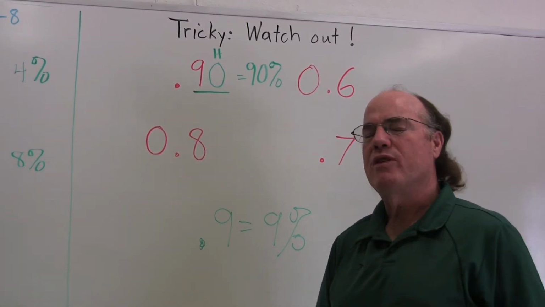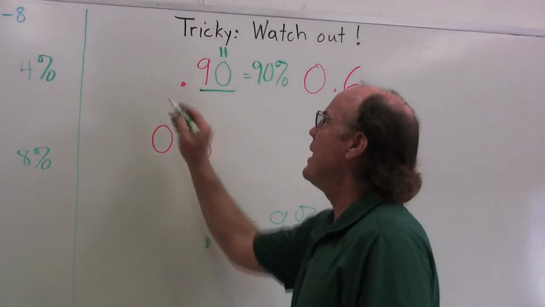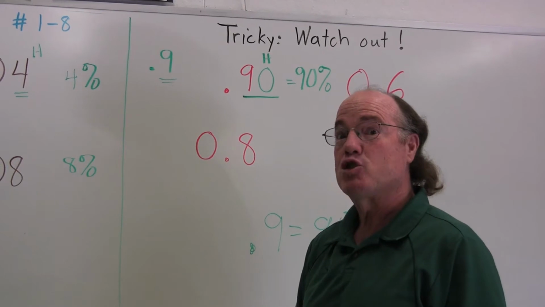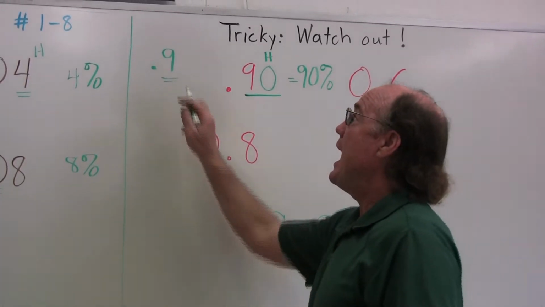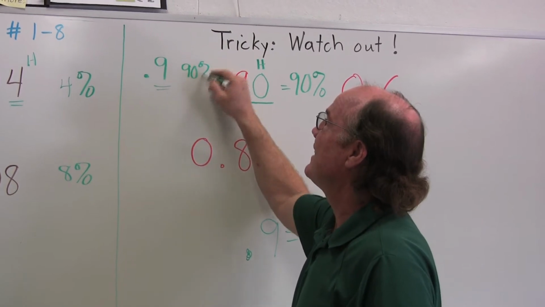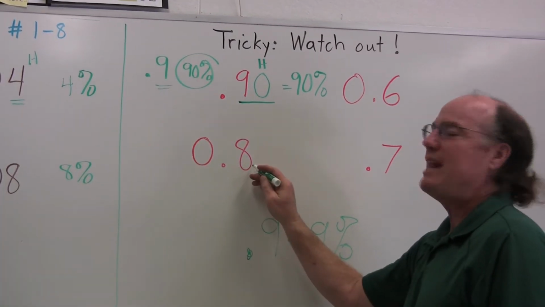Now some of you who are very good about coins, okay, you may think of 0.9 as 9 tenths or 9 dimes. How many cents with 9 dimes? 90 cents. Okay? Now, 0.8.